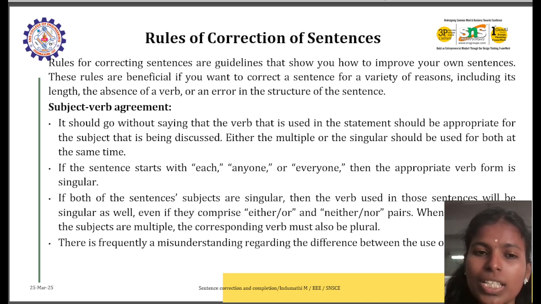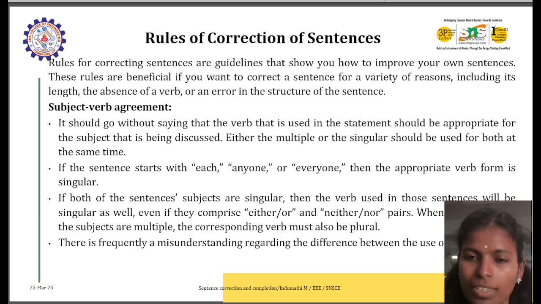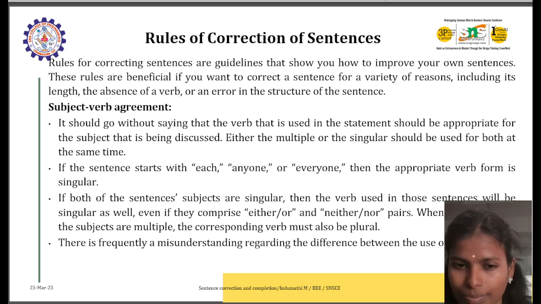So first we'll go with subject-verb agreement. It should go without saying that the verb used in a sentence should be appropriate for the subject being discussed. Either the plural or the singular should be used for both at the same time. If the sentence starts with each, anyone, or everyone, then the appropriate verb form is singular.